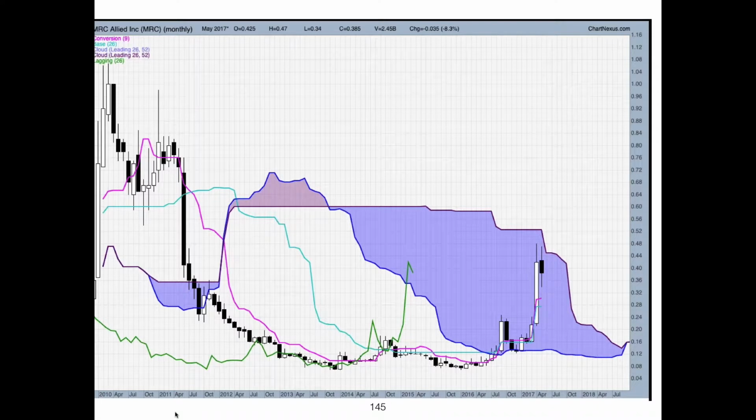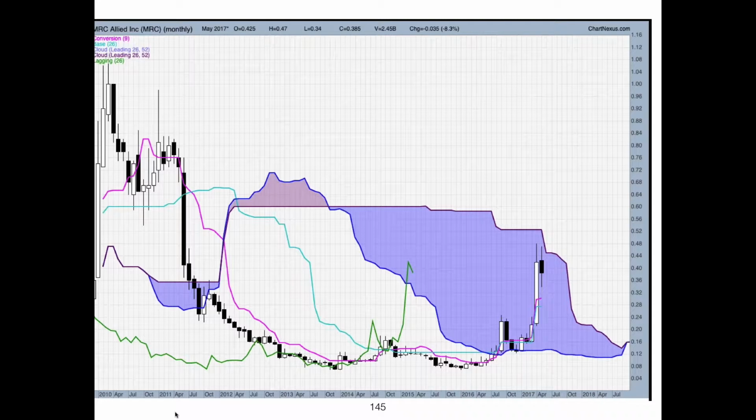Now, to identify maximum price targets, we use the monthly charts. We previously discussed that prices always tend to go back to equilibrium. What are these areas of equilibrium? 4 of the Ichimoku components are measures of equilibrium. The Tenkan-sen measures equilibrium over the past 9 periods.